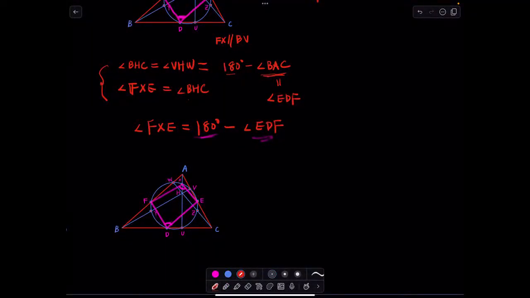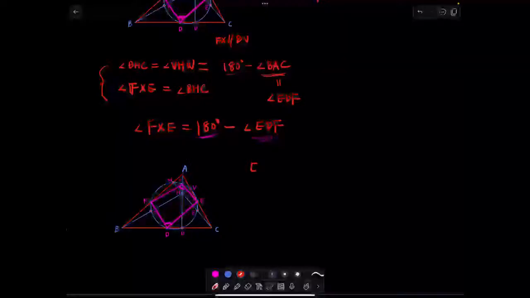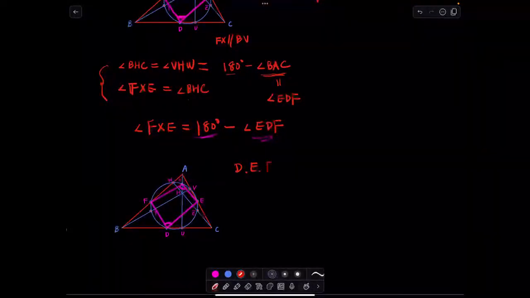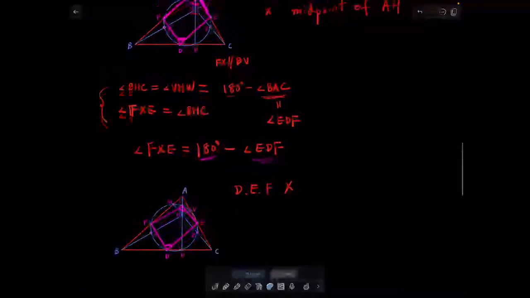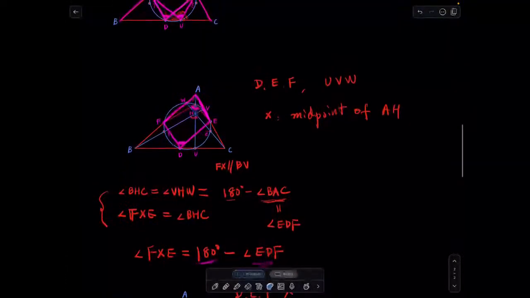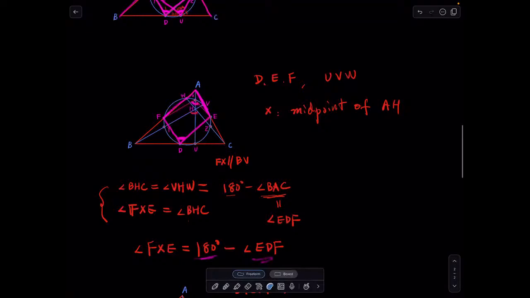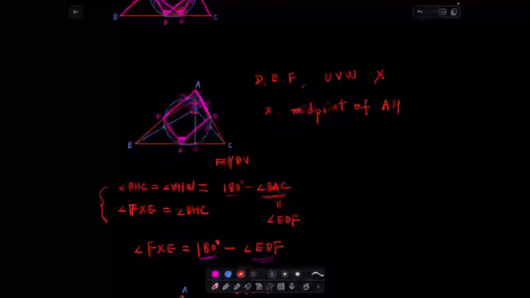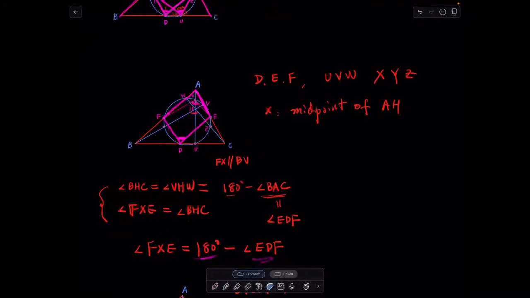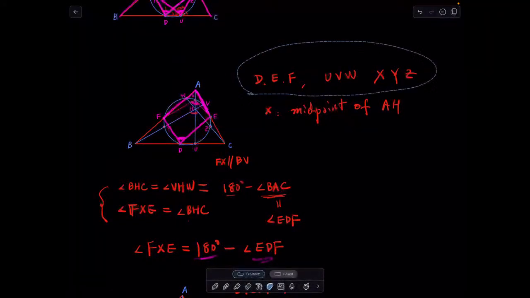So earlier we knew that the 4 points D, E, F, X are on the same circle, which means X belongs to the same circle. Similarly, Y and Z, which have the same definition here, are on the same circle. So we have proven the remaining 3 points, X, Y, Z, are also on the same circle. So we have 9 points here. They're all on the same circle. This is called the 9-point circle.